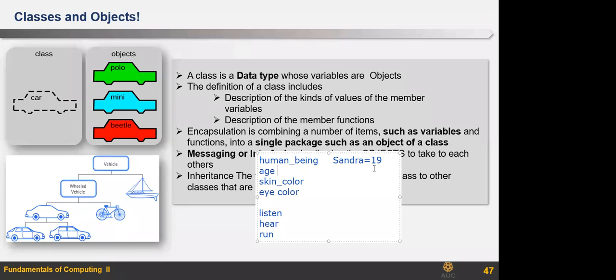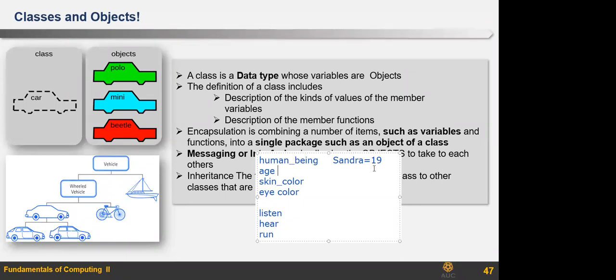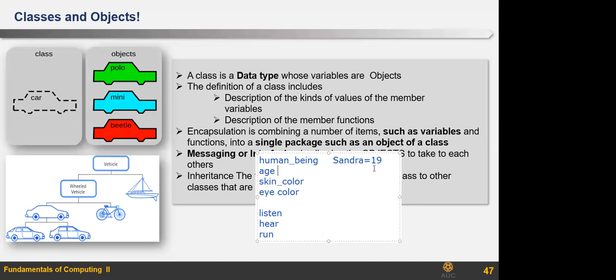If I tell you light, is this a class or an object? Class. But regarding the light, if I tell you white light, this is an object. Okay.